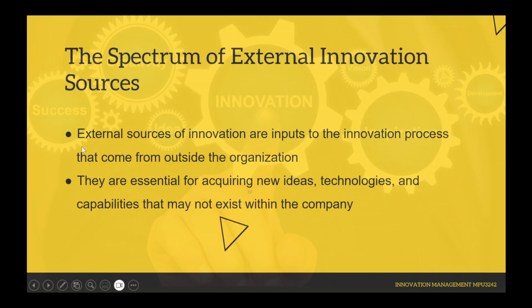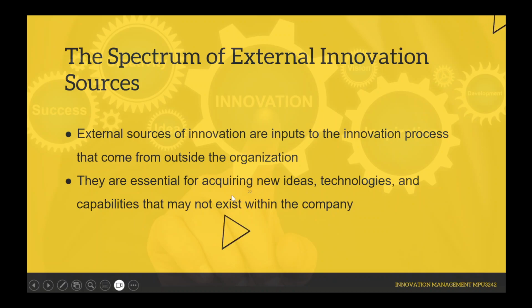So we must not only consider internal sources of innovation, but we also need to consider the external sources, because we are dealing with the customer, we are dealing with the market, and we are dealing with the perception of the user or of our client. So this is where we need to consider the spectrum of the external innovation sources.